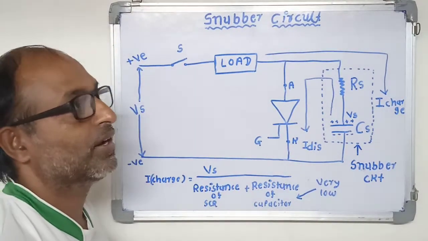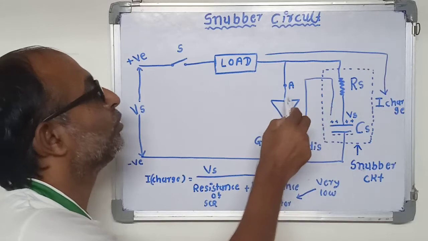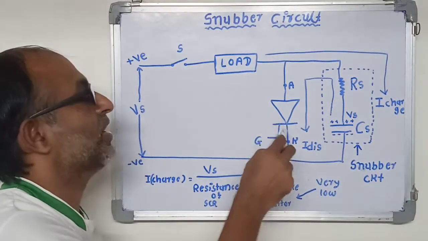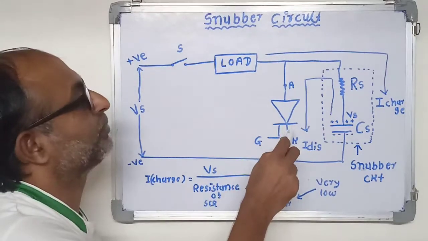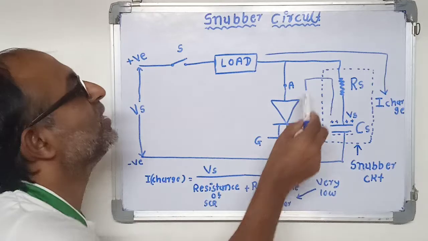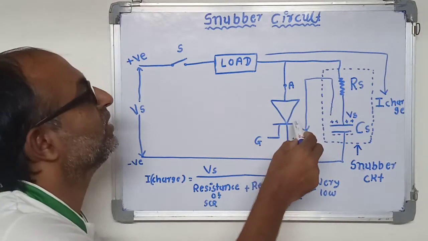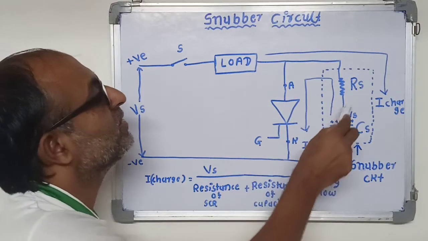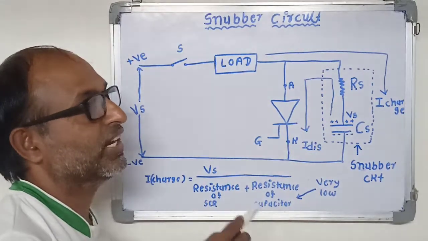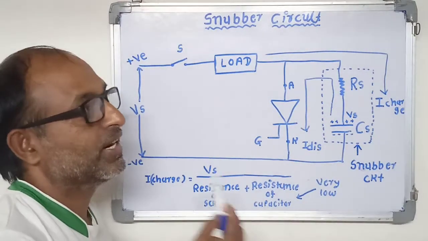So a high discharge current flows through the SCR, which may damage it. To limit the magnitude of this discharge current, we put the series resistance Rs in the circuit. Ultimately it reduces the dI/dt.